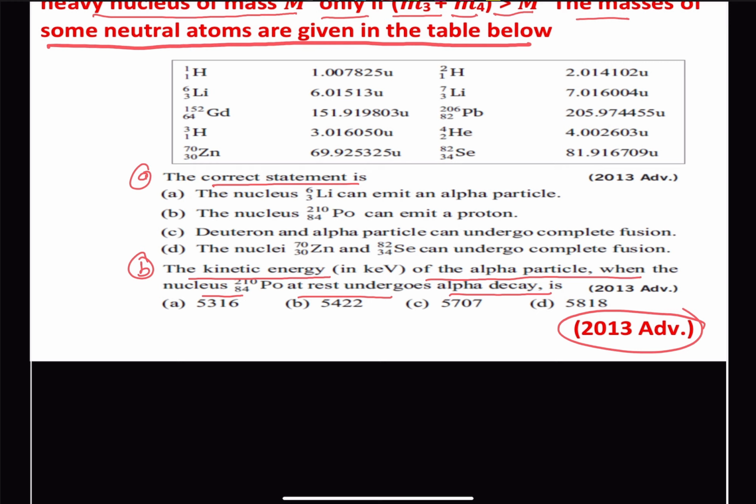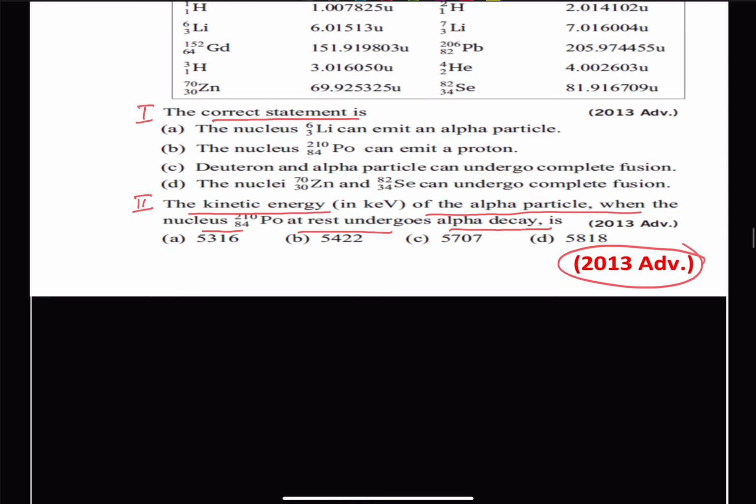So we are given part A, and part B, let me write it 1 and 2. So this is our 1 and this is our second. First of all, let us solve part 1.